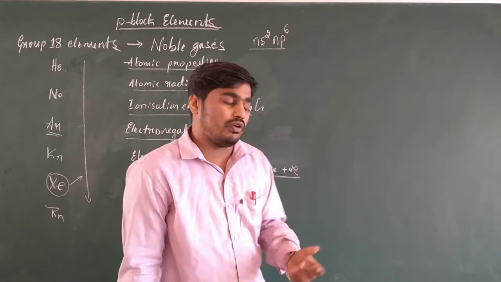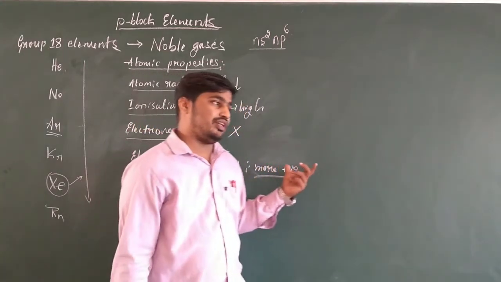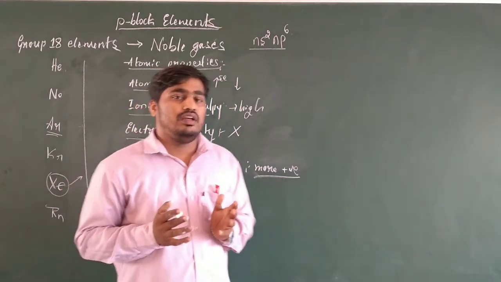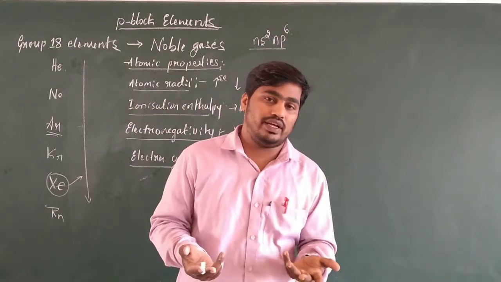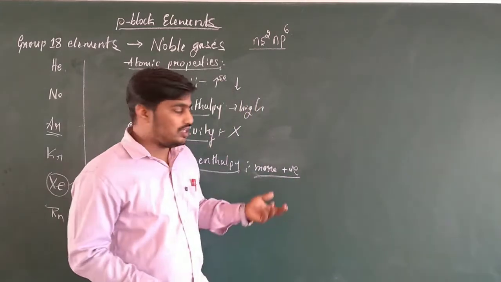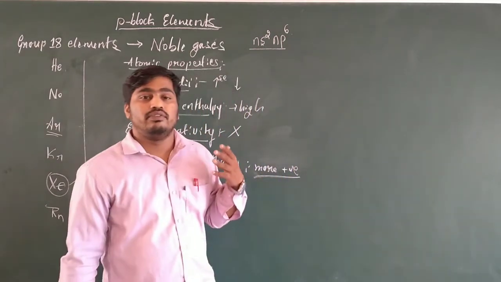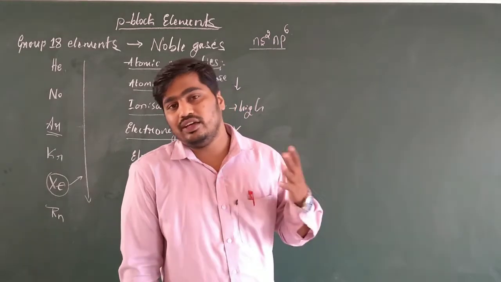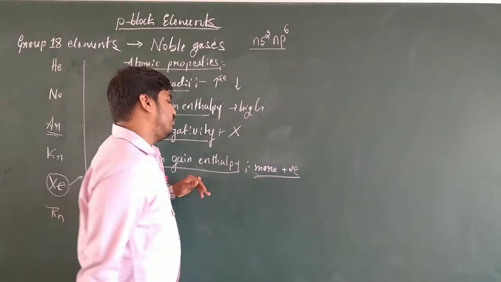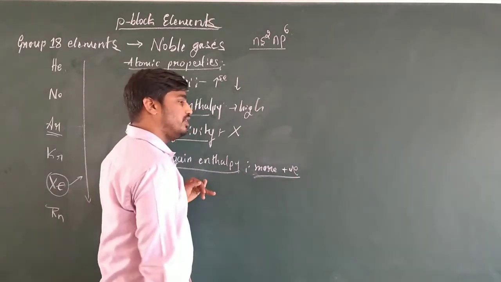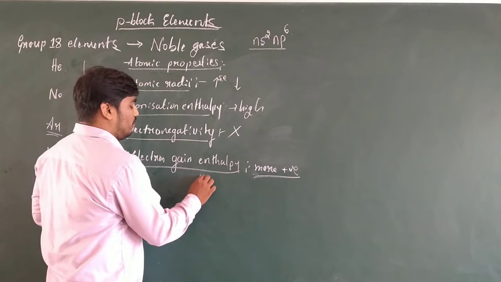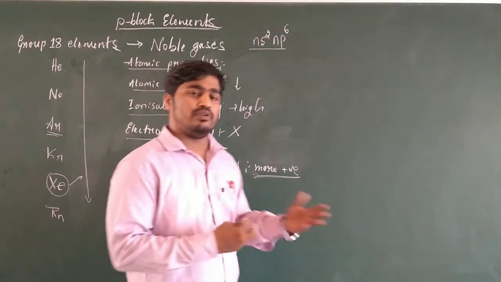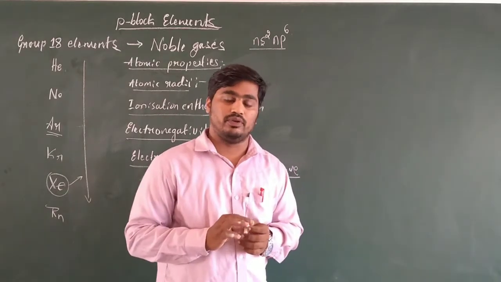When we add an electron, a large positive energy means energy is consumed, energy is taken by these noble gases. There is no release of energy. If energy is released, then it's negative. Chlorine shows a more negative value, a higher electron gain enthalpy. For noble gases it is very low. More positive means the tendency is very poor.